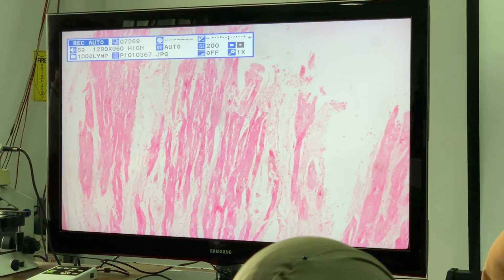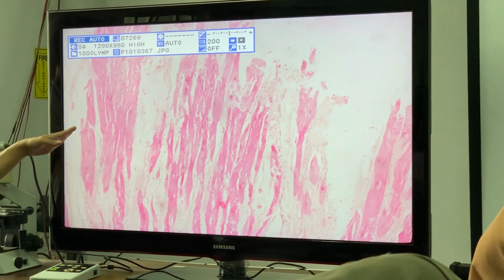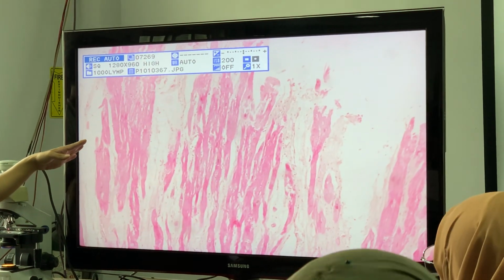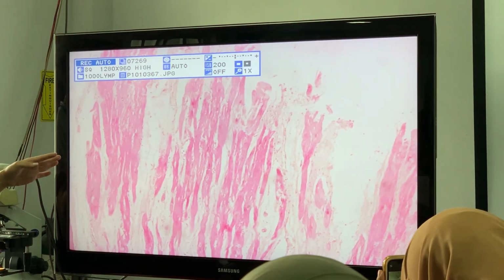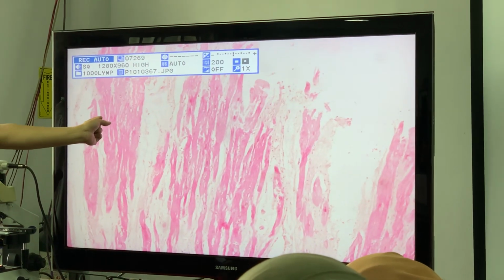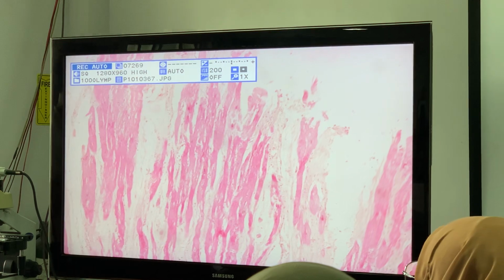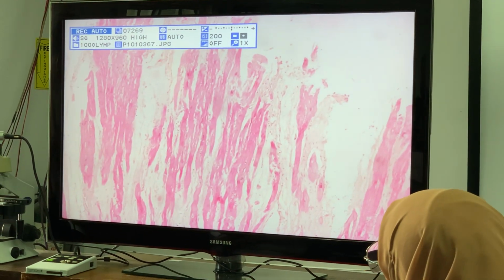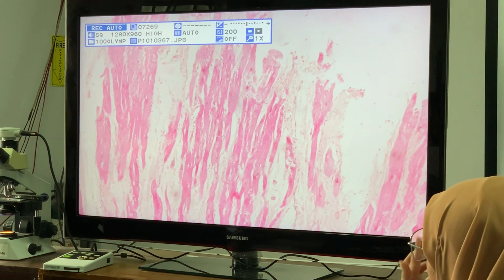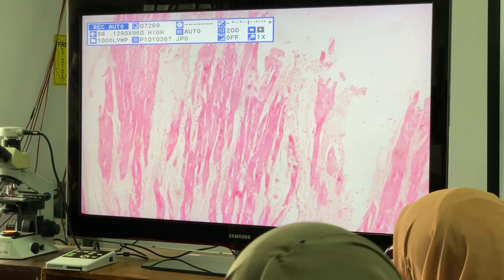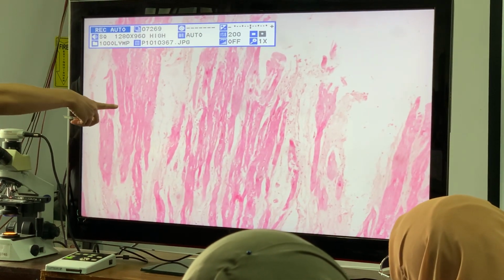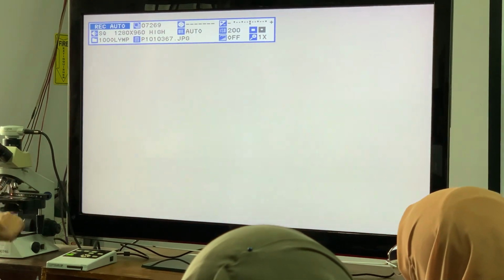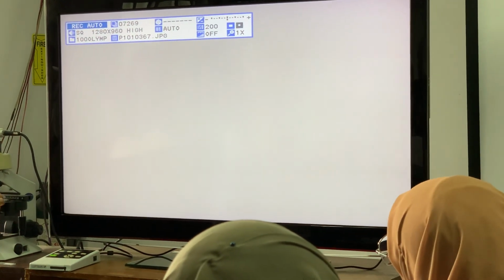There's a dramatic size difference, even though I use the same magnification. I did not zoom in, I did not change the objective. Look at the size of these fibers, the muscle cells. What change happened here? Hypertrophy. So you can see the size difference. This is hypertrophy compared to the normal.